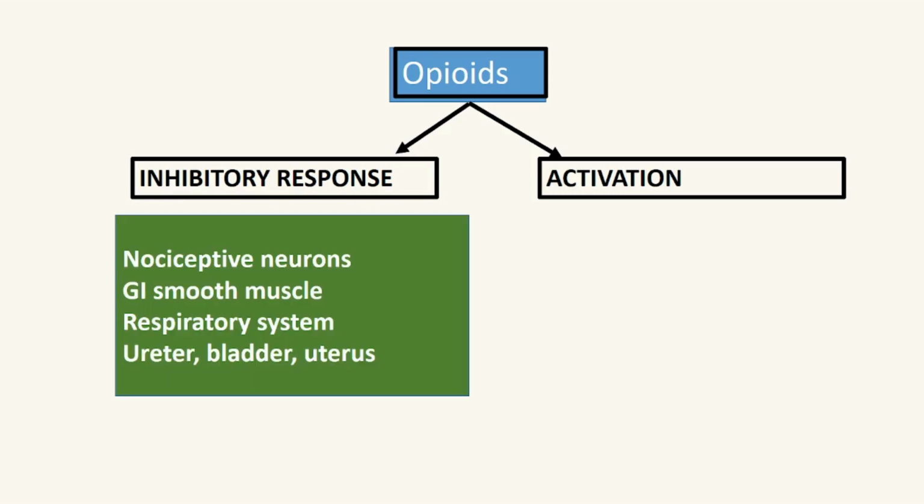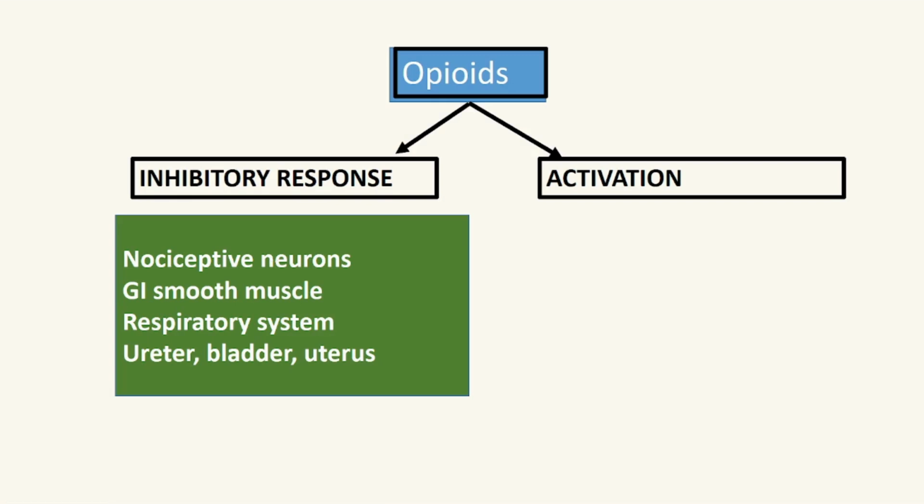Inhibitory response means opioids act on the nociceptor neurons, and the neurotransmitters like enkephalins, endorphins, and dynorphins are released and bind to those mu receptors, and they suppress the pain. Therefore, mu agonists are the ones that are used for pain relief.